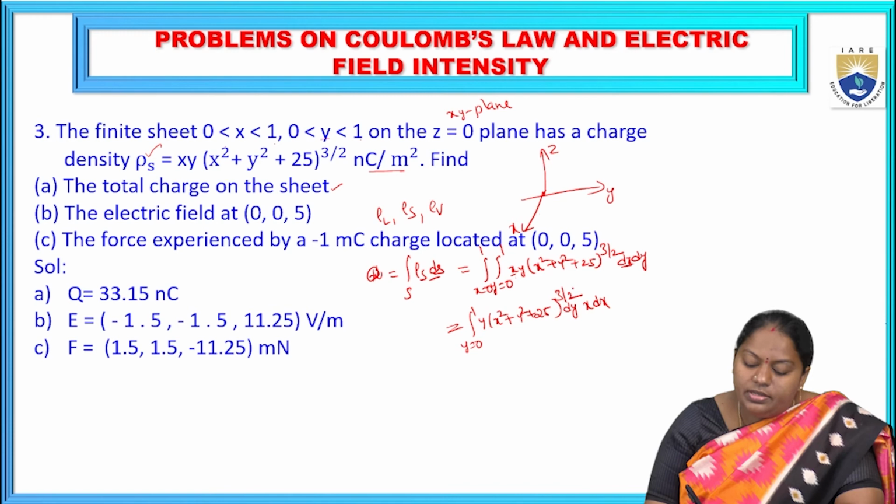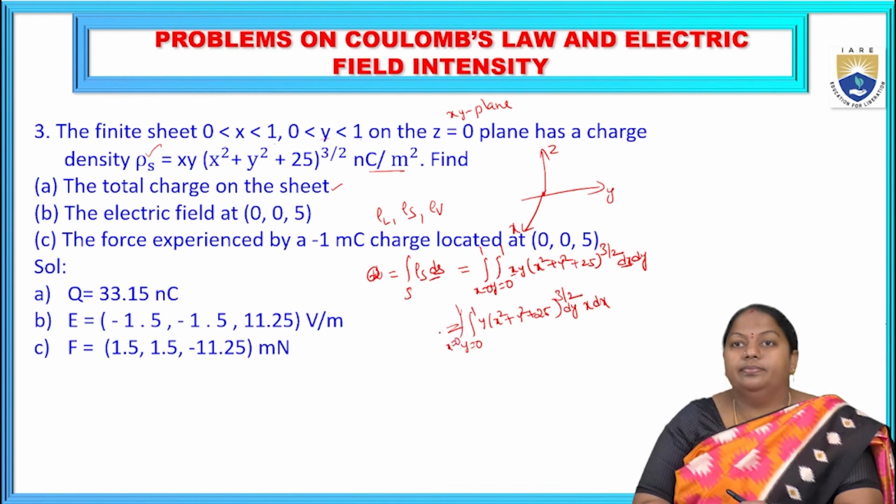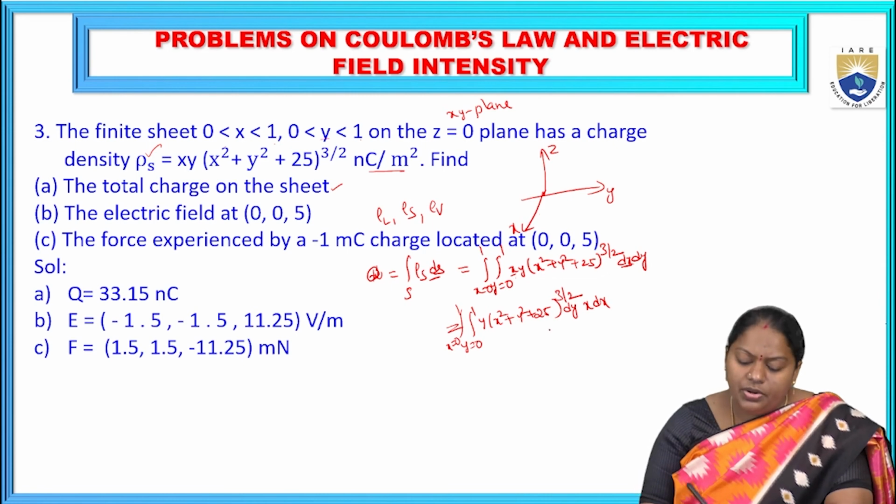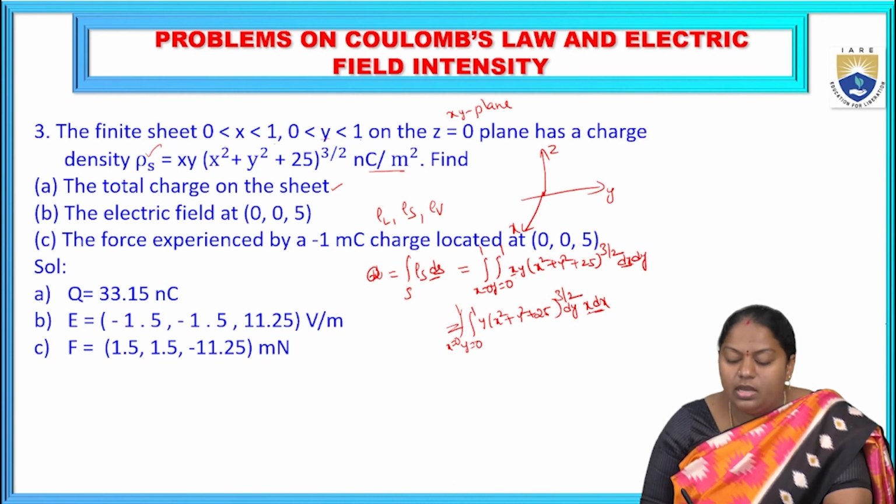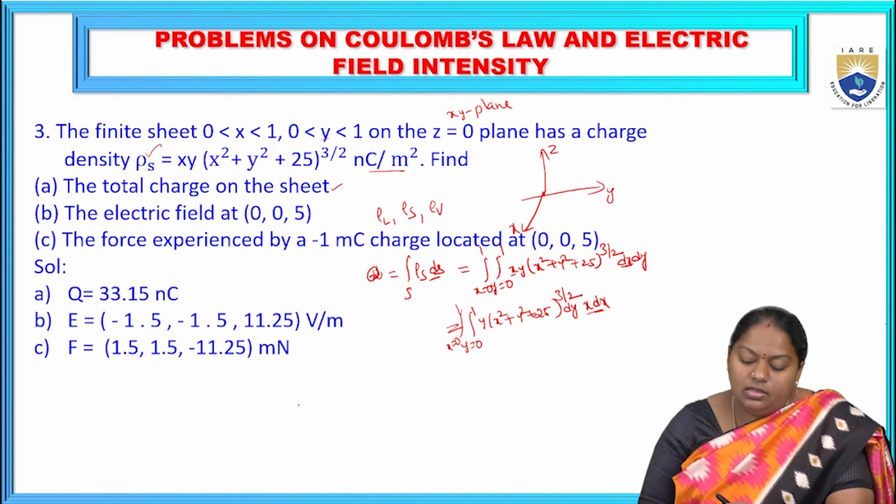Because in order to integrate this, integral x equal to 0 to 1, x into dx. Already the extra term is added, that is x square power 3 by 2, and x is also there. So integration by uv is a lengthy procedure to simplify the total equation.